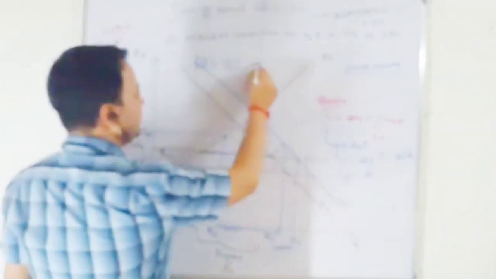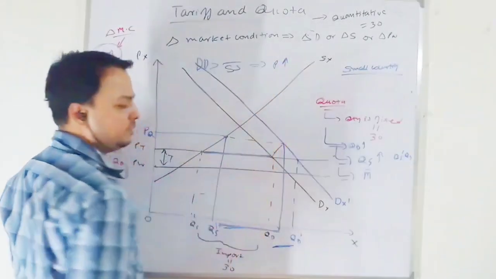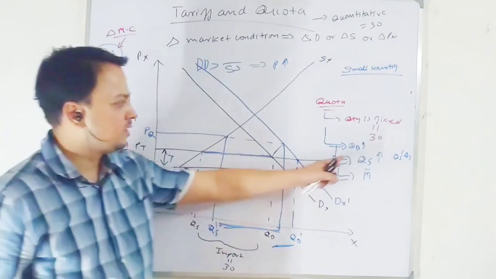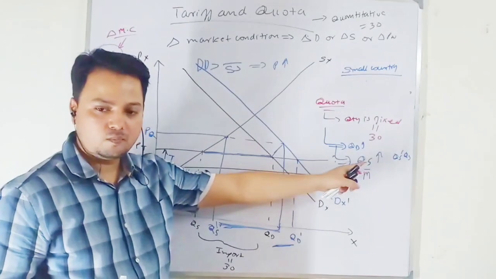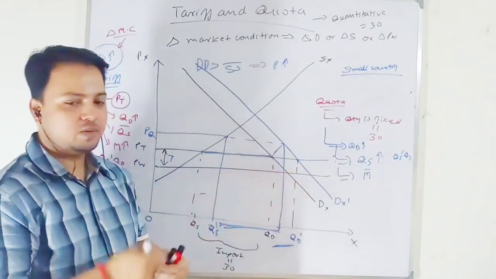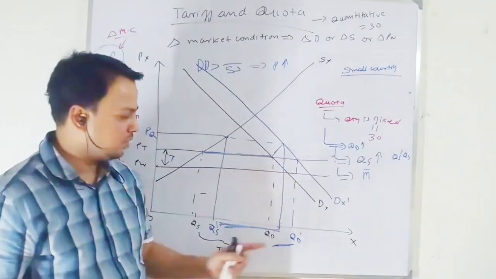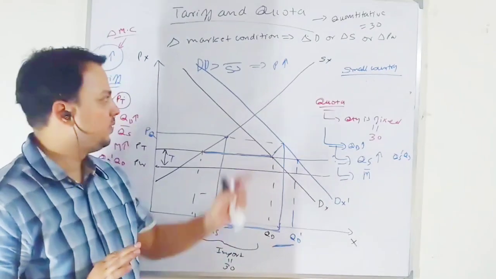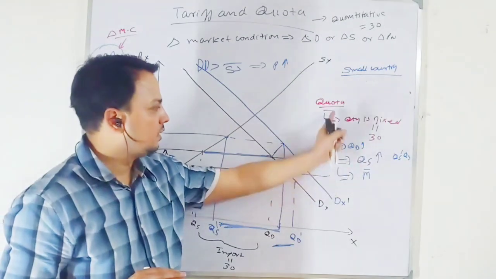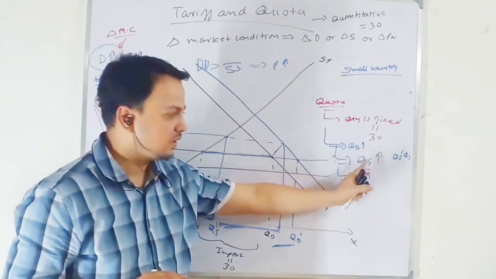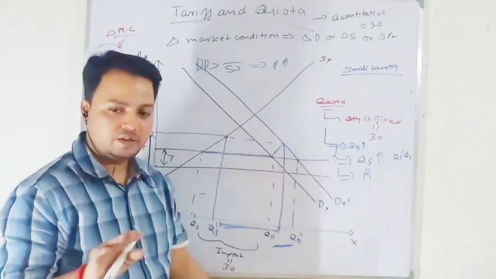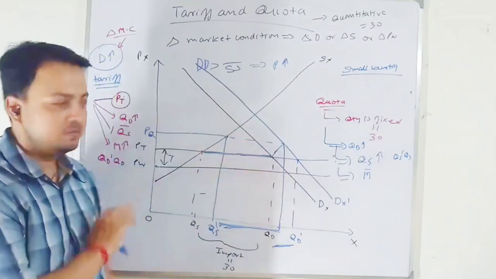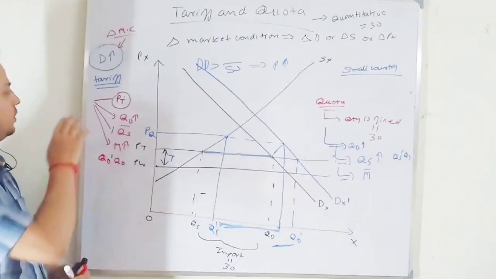Price will increase. When price increases, more domestic producers will produce, so domestic quantity supplied will increase. At the same time, when price increases, there will be some decrease in demand. But overall, we will see an increase in demand and an increase in production given the import, and this is more protective. Quota is more protective than tariff.